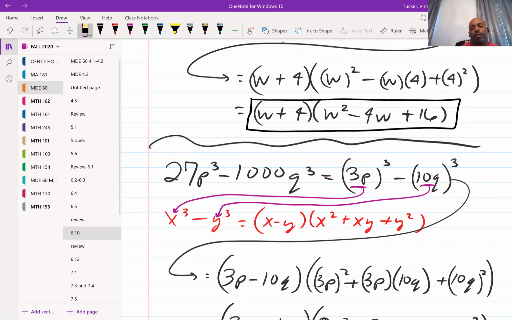So that'll be 3p minus 10q, and then 3p squared plus 3p times 10q plus 10q squared.